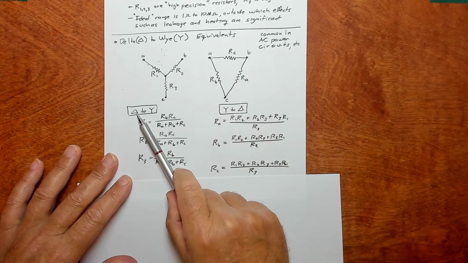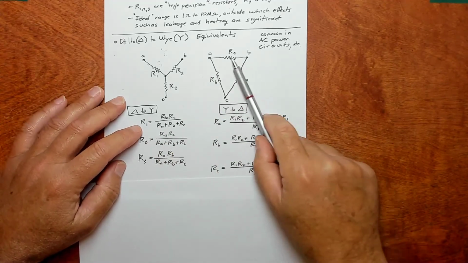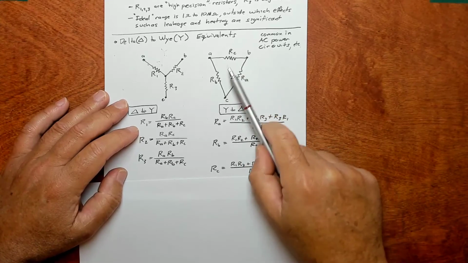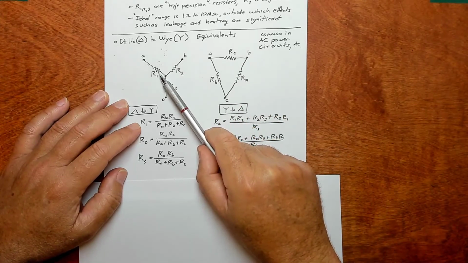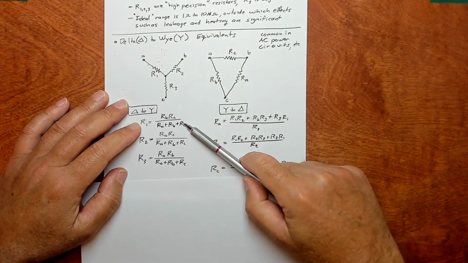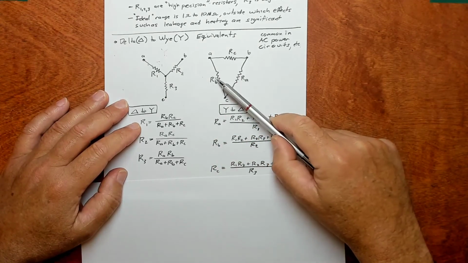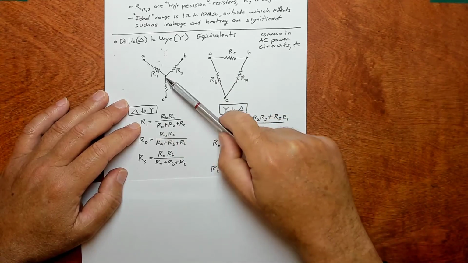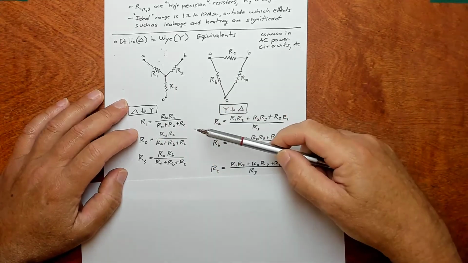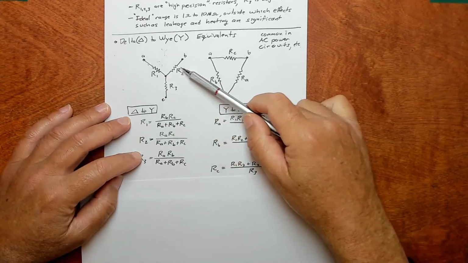So if you're given a delta, this configuration with resistors RA, RB, and RC, you can find the equivalent R1 value with this formula here, right? If you know RA, RB, and RC, you can plug that chunk in here and get R1 for the equivalent Y. Likewise with R2 and R3.